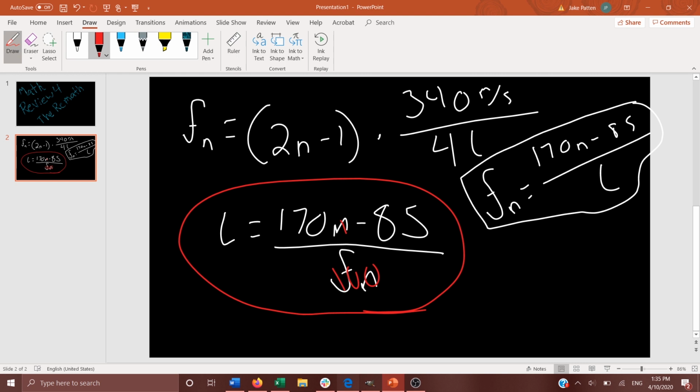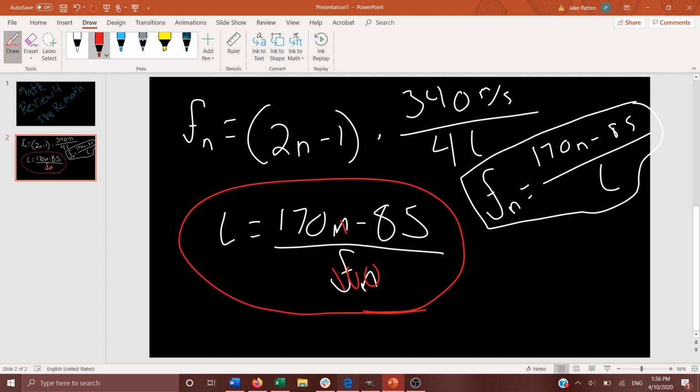But in practice, outside of this class, you might be looking for a different one. Or later on in another exam, you might be looking for the third resonant frequency. Maybe I will have that be an exam question. So I'll tell you that the third resonant frequency is blah hertz.